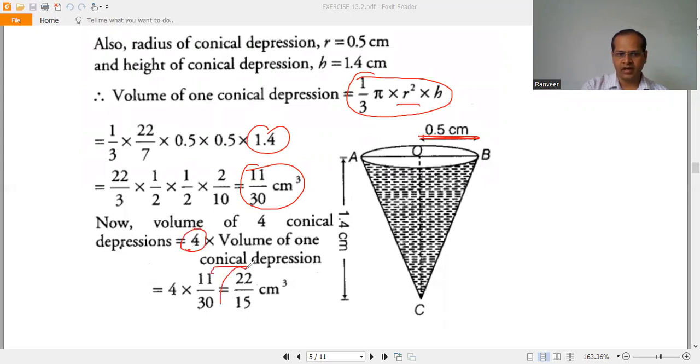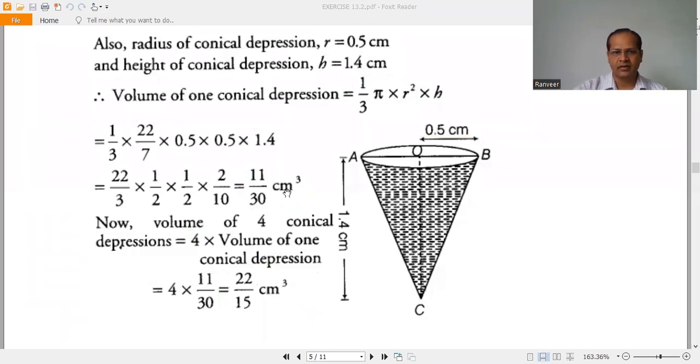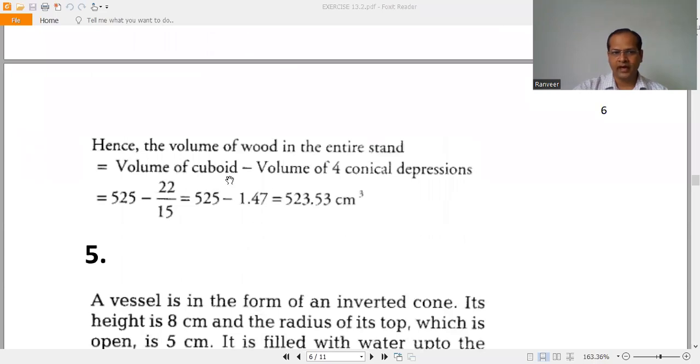Then we get 22 by 15 centimeter cube. Now, these 4 holes we just have to subtract from the volume of the cuboid. Then we will get the volume of the wood in the entire stand. So the volume of the cuboid that we got, and the volume of the 4 conical depressions, we just subtract 22 by 15. It gives 525.53 centimeter cube.